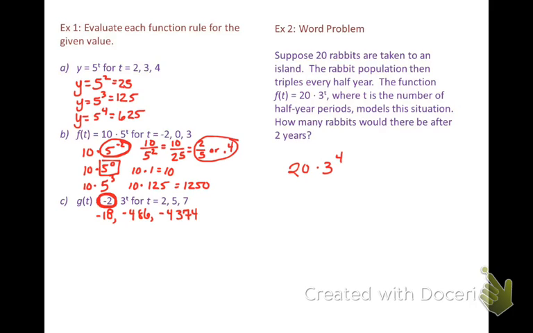There are 4. You have 2 half years each year. So now we need to find out how many rabbits, if none of them died. 1,620. 3 to the 4th power is 81, right? Yeah.